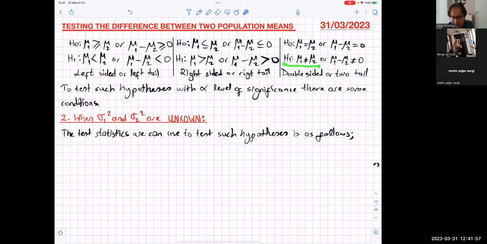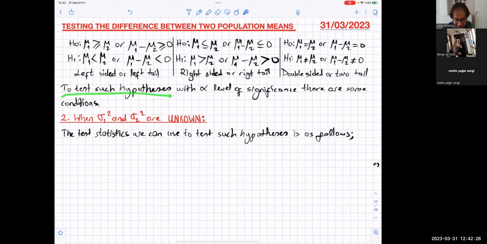If the statement asks whether there is a significant difference between the two population means, you construct the double-sided. If it asks whether the first mean population is less than the second, you construct the left-sided. And if it says the first mean population is greater than the second, you construct the right-sided hypothesis.